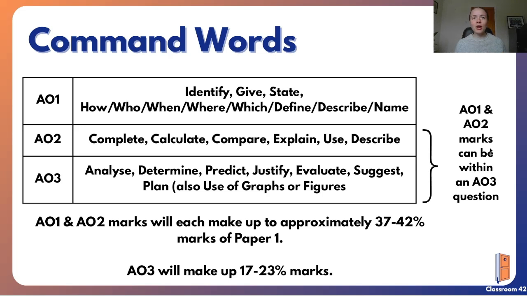And then AO2 will be questions where you need to apply knowledge. So calculate is a very common one, particularly in chemistry and physics, because you are given some data or some numbers in the question. You've got to apply your knowledge of how to get to the correct answer using that information. Explain often will be an AO2, describe as well, and it's more likely to be a describe AO2 if you've been given some new context within a question.